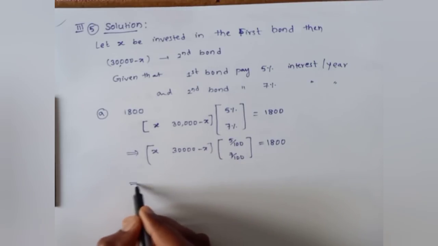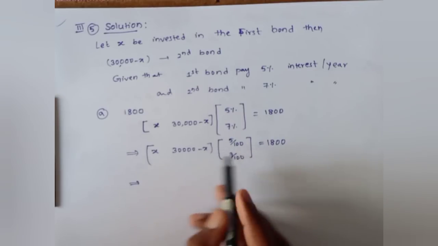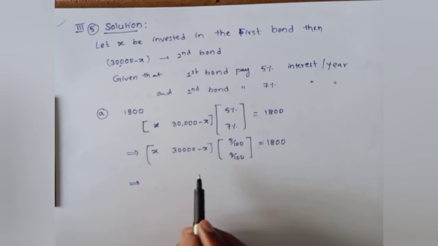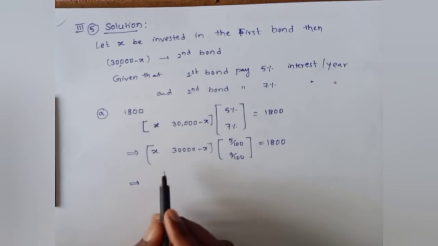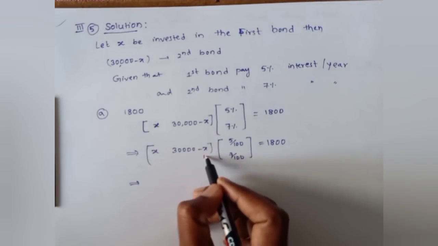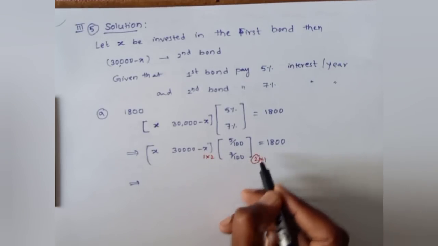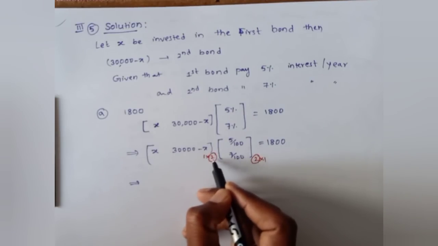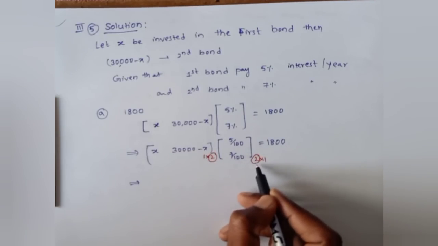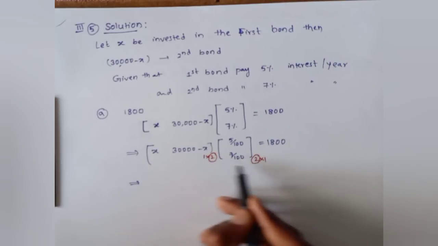Here the multiplication is possible, since this is a matrix of order 1 by 2 and it is 2 by 1. The number of columns of the first matrix equals the number of rows of the second matrix. Therefore the resultant matrix is of order 1 by 1.